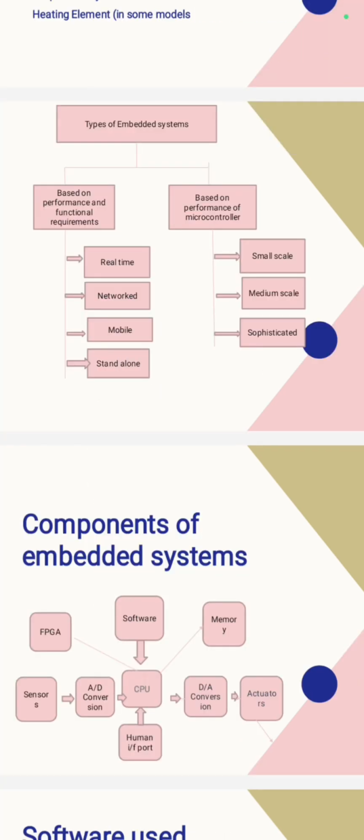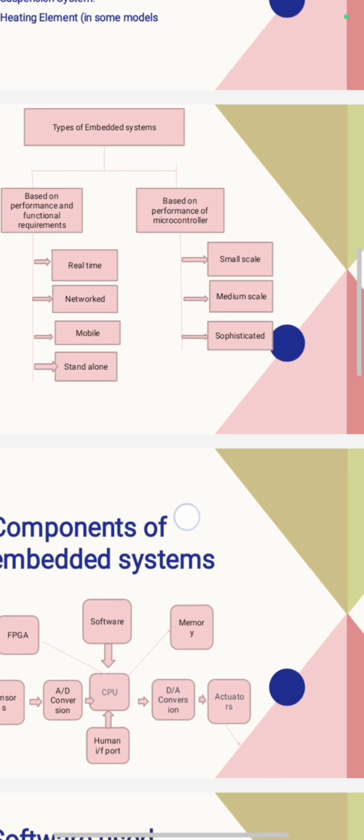The types of embedded system. There are two types of embedded system. The first is based on performance and functional requirements: real-time, networking, mobile, and stand-alone. The second type is based on the performance of the microcontroller: small scale, medium scale, and sophisticated.